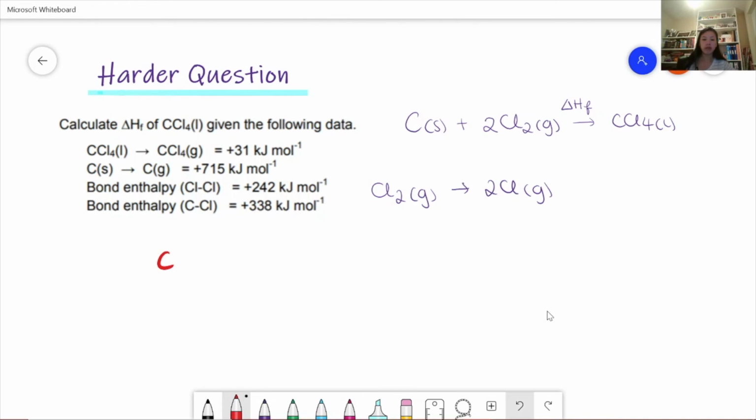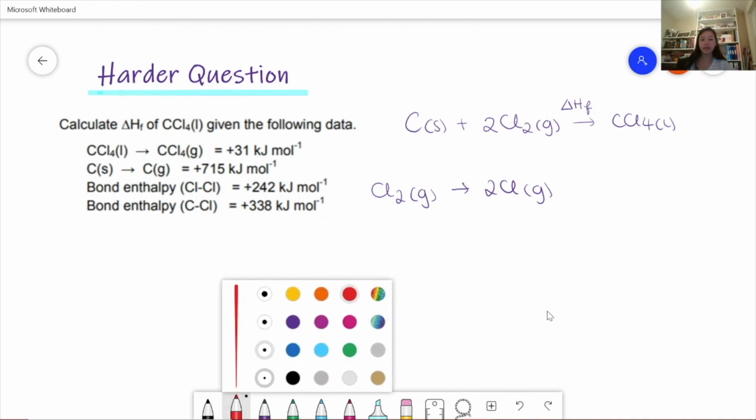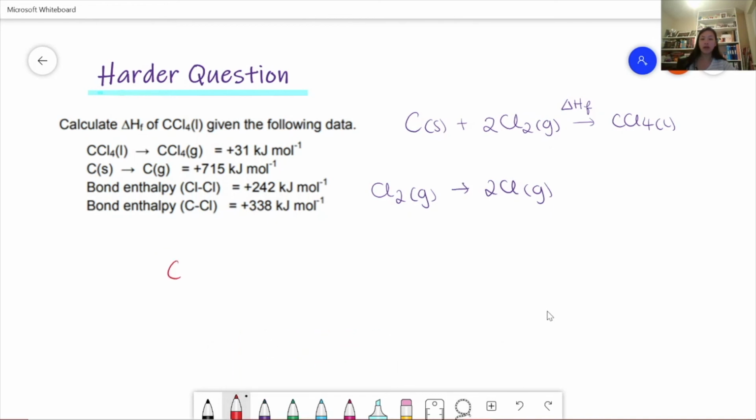So if I put this at the top, we've got the carbon, which is a solid, plus the 2 chlorines, which is a gas, and then this is the delta H of formation, and we form the carbon tetrachloride.